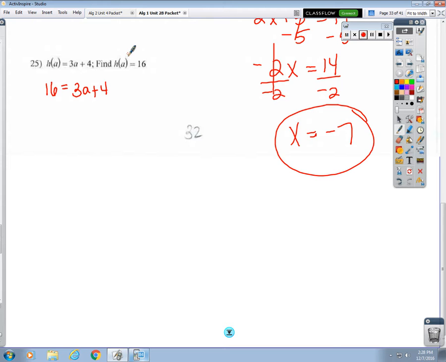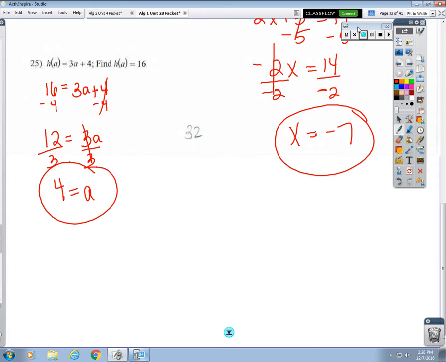It's like a substitute. Since they're the same thing, they're equal, you can use one in the place of the other. So now what do I do? Now I need to solve for a. I'm just saying, sometimes you can replace with a or h, but at the same time, replace with 16. Right, so a equals 4.